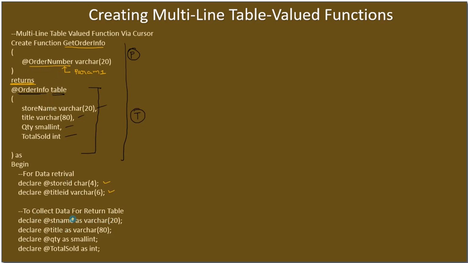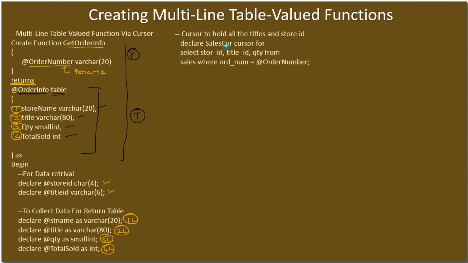And to collect the data for the return table, we declared 4 more local variables. The store name, varchar 20, matches this first column. To match all these columns, we have local variables. In these local variables we will collect the data and insert the content into this table in the body.